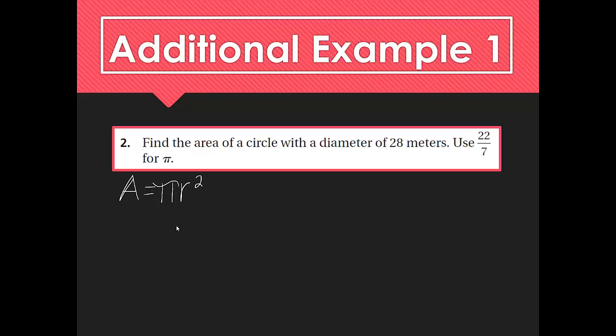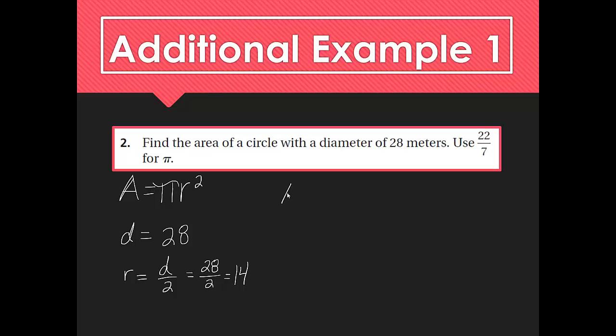Our problem has the diameter, so we need to solve for the radius. We know that the diameter equals 28 meters. The radius is the diameter divided by 2. So the diameter is 28, and if we divide that by 2, we will get 14. So our radius will be 14 for this problem.